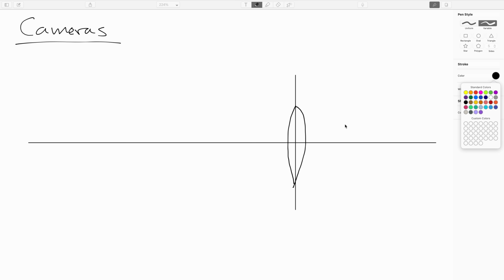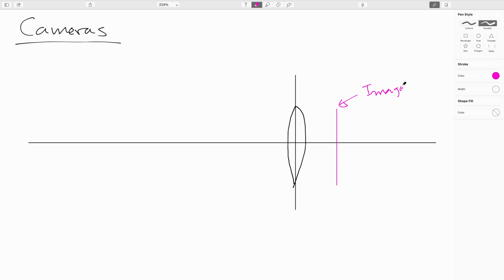So somewhere right behind the lens, usually not that far in back, maybe less than 20 millimeters, something like that, will be the image plane of the camera.